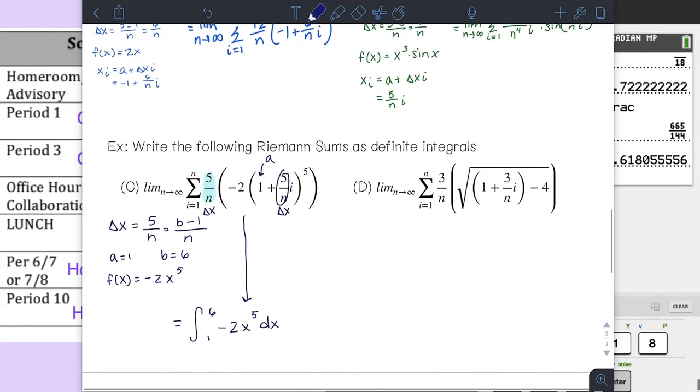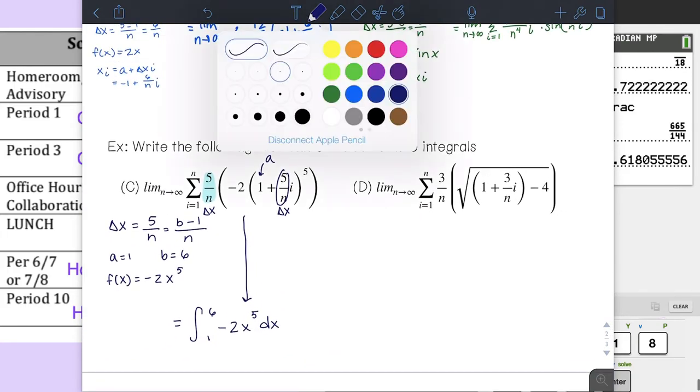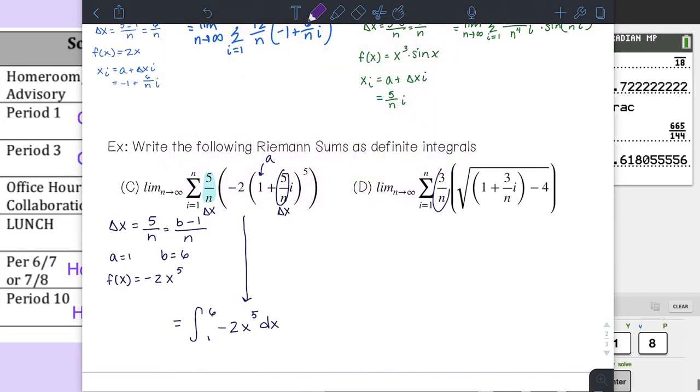Right? We can look at the same thing with the square root function. So again, this is my delta x, right? And I can see that here as well, that this is also my delta x. Again, we have a 1 being added here, so that's my a value. So if my delta x is equal to 3 over n and my a is equal to 1, I know that this is b minus 1, over n. So b has to equal 4.